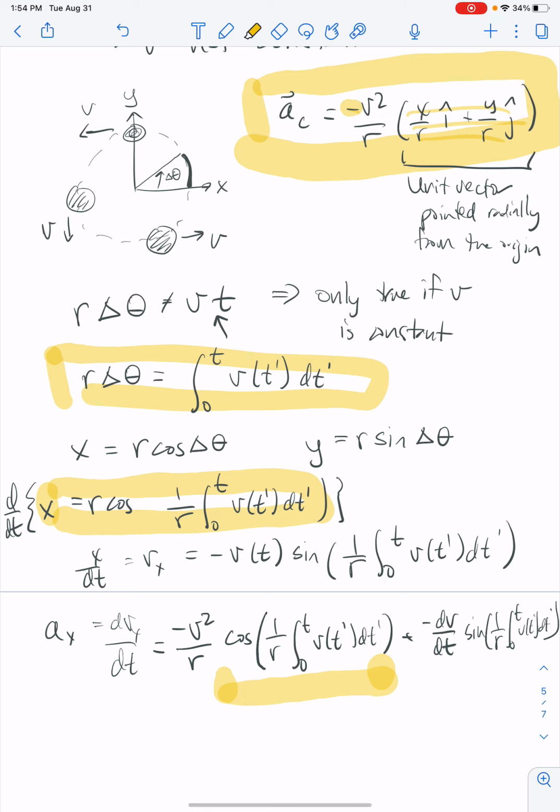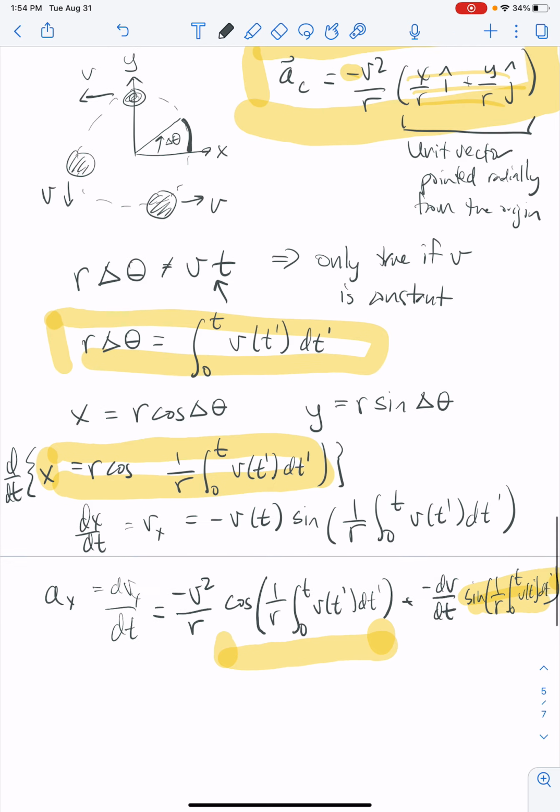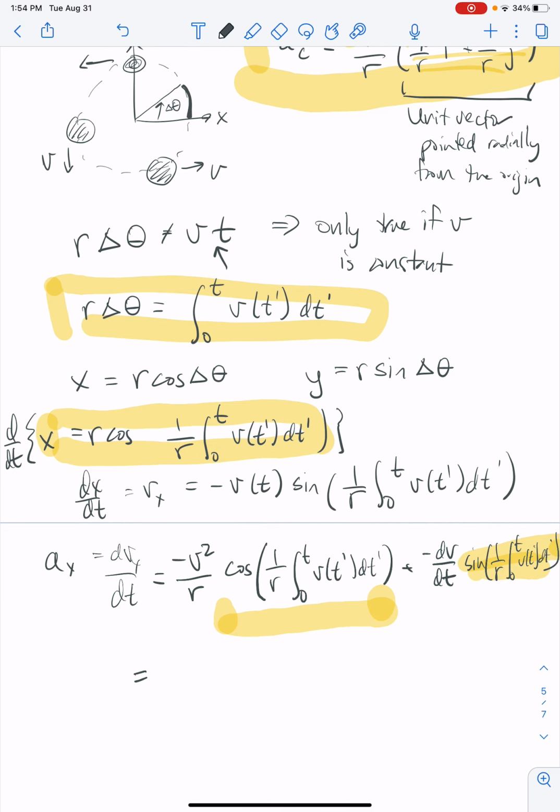And I didn't write out y, but y looks like this one here. So we can write this as negative v squared over r times x over r minus dv dt times y over r.